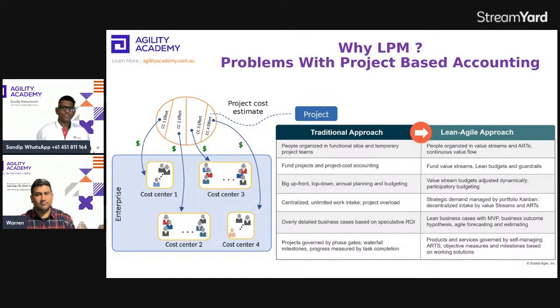Now, why is it important? It's important because of the problems with project-based accounting, and being a project manager several years back, I have experienced this. I was running a big project for one of the leading banks in the UK, revamping the IVR system, the telephone banking system serving customers across Europe.